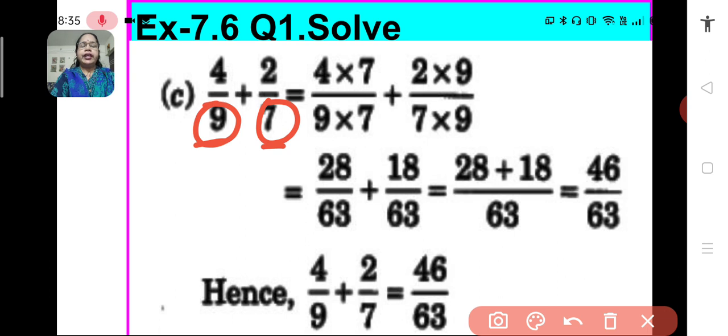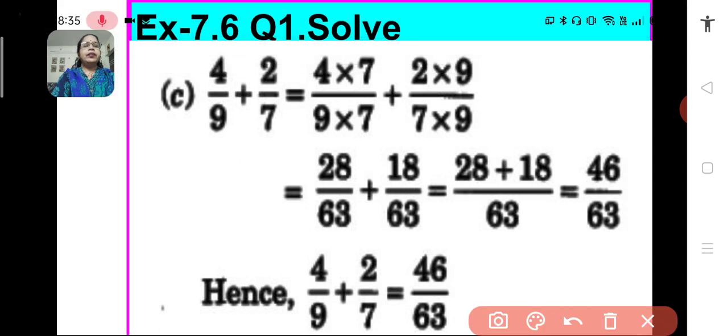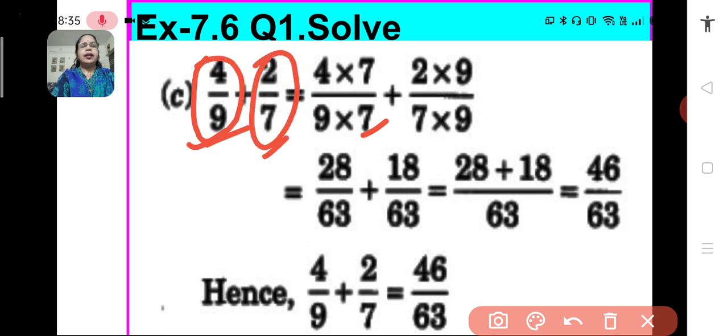So, instead of finding the LCM, directly we can multiply the first fraction, 4 upon 9, by 7 and the other fraction, 2 upon 7, by 9. That means this fraction is multiplied by 7 and this fraction is multiplied by 9.